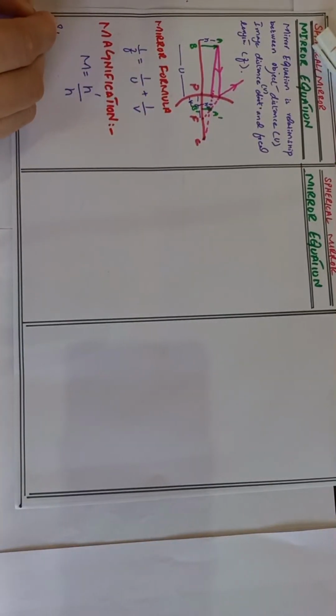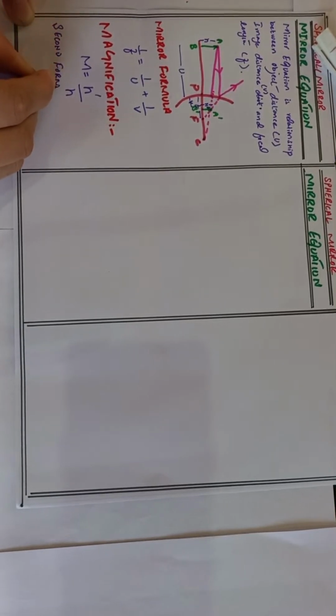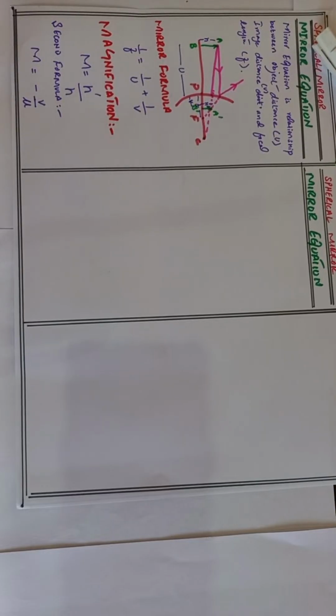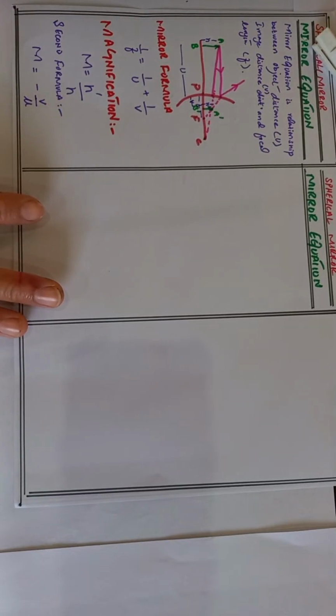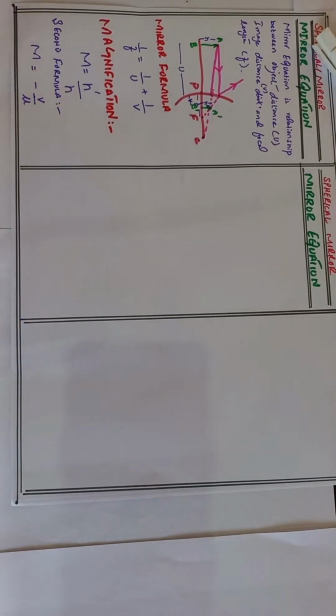Second formula: minus image distance over object distance. That is the mirror equation that we use in numericals for the convex mirror. Now we draw the diagram of the concave mirror. Then we discuss the mirror formula and magnification.